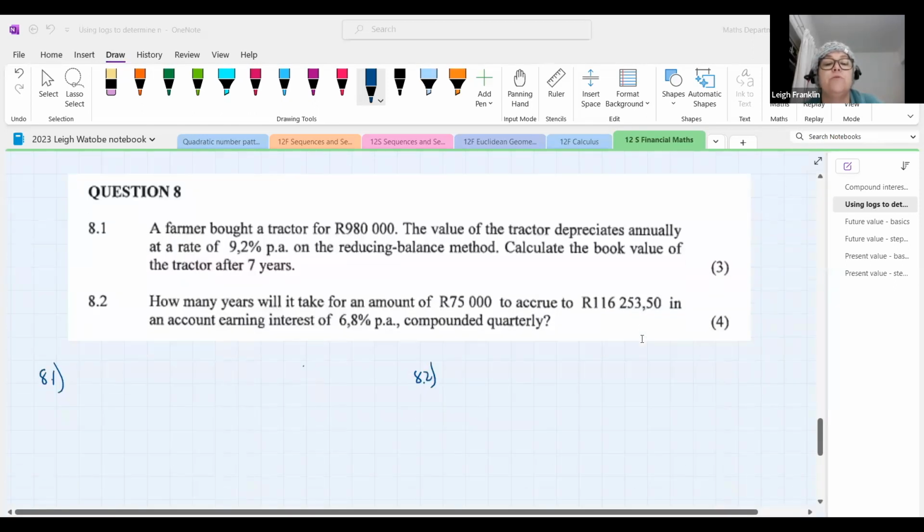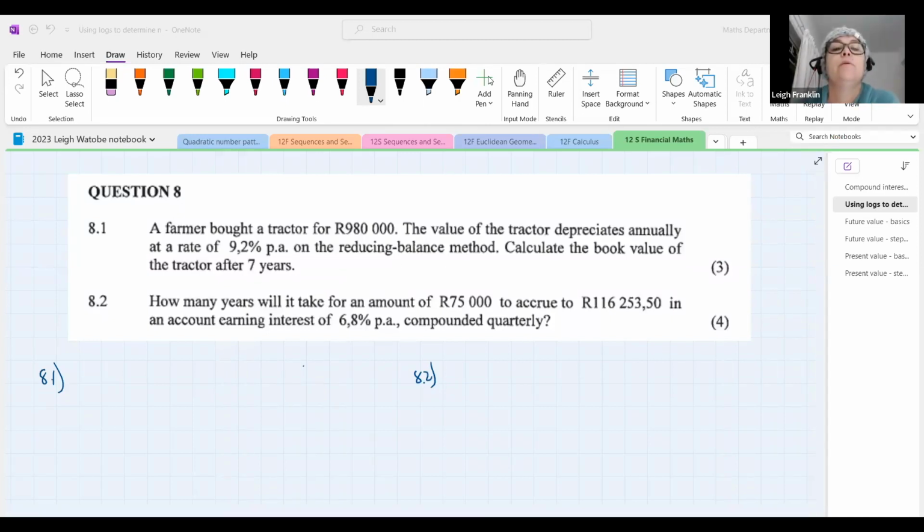Okay, Tsechofatso's already got an answer for A, or 8.1. Okay, Swanaka.